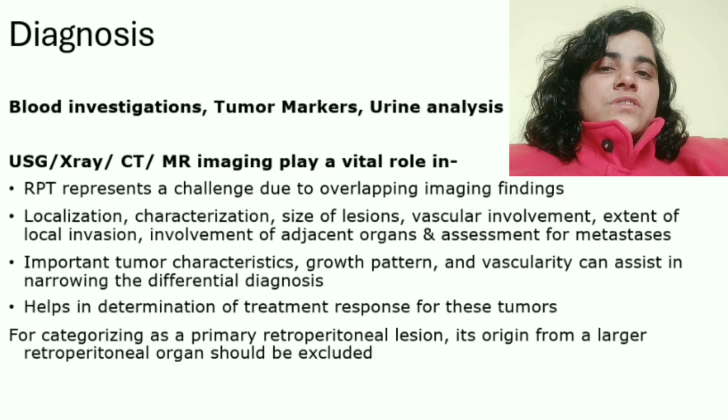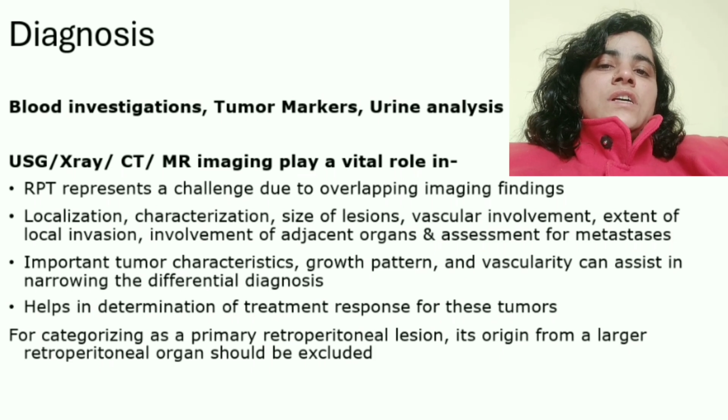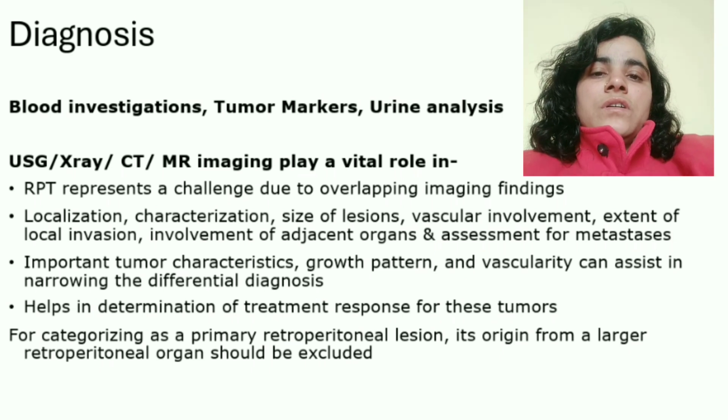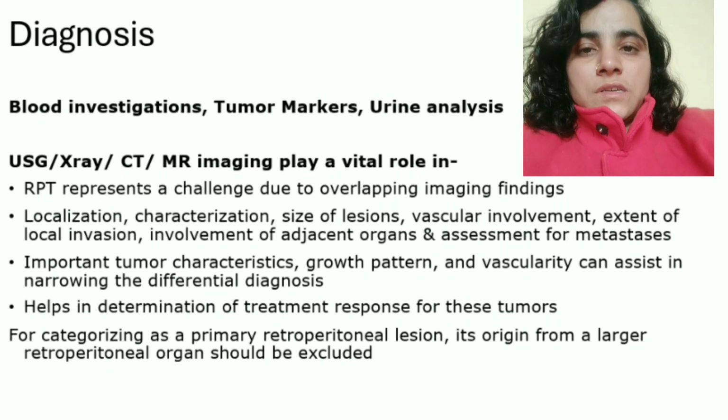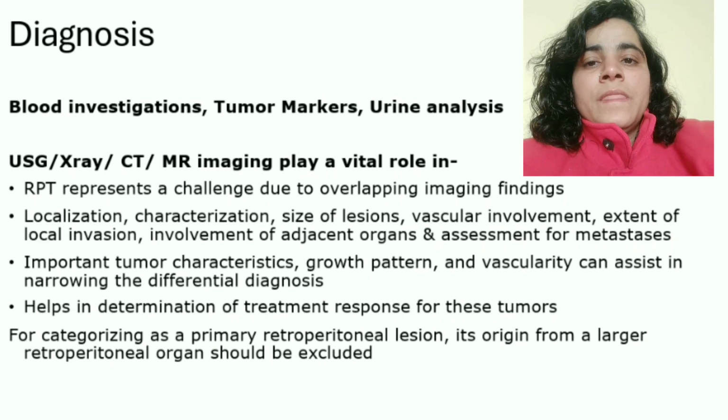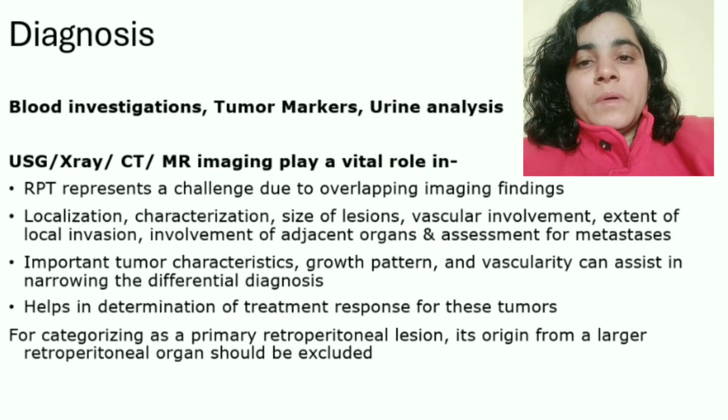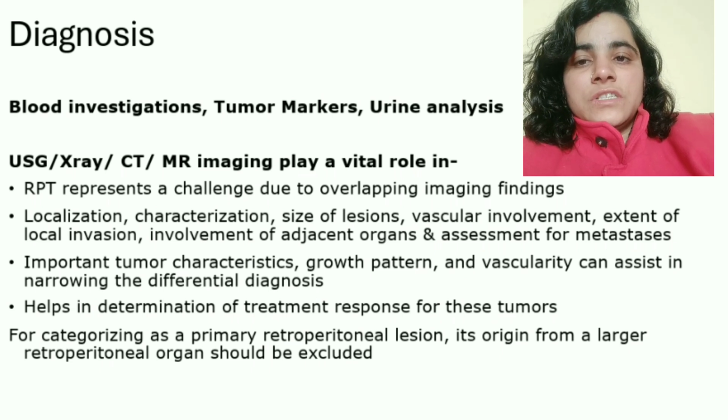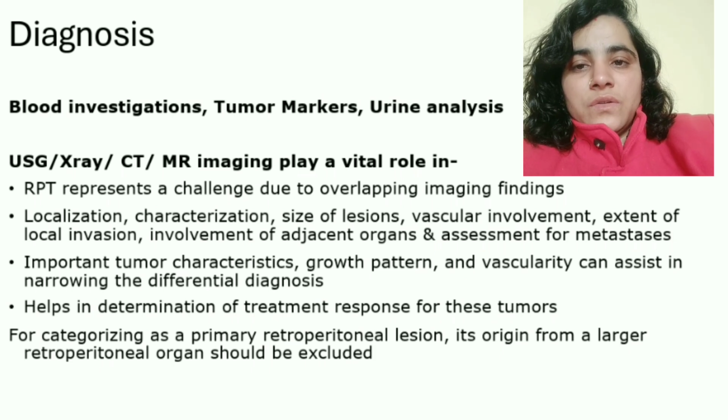Localization, characterization of the disease, size of the lesion, vascular involvement, extent of local invasion, involvement of adjacent organs, and assessment of the metastasis can be done. Important tumor characteristics, growth pattern, and the vascularity of the lesion can be seen. That helps in the narrowing of the differential diagnosis.